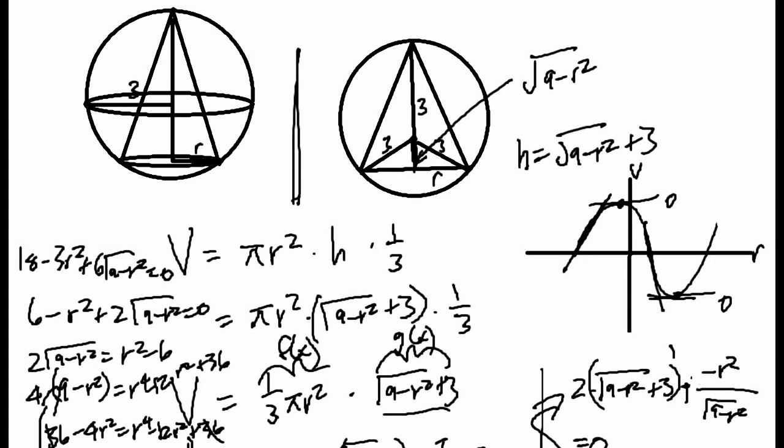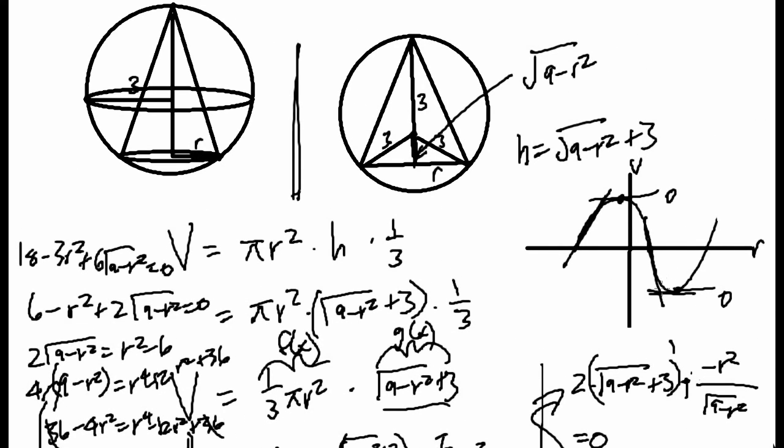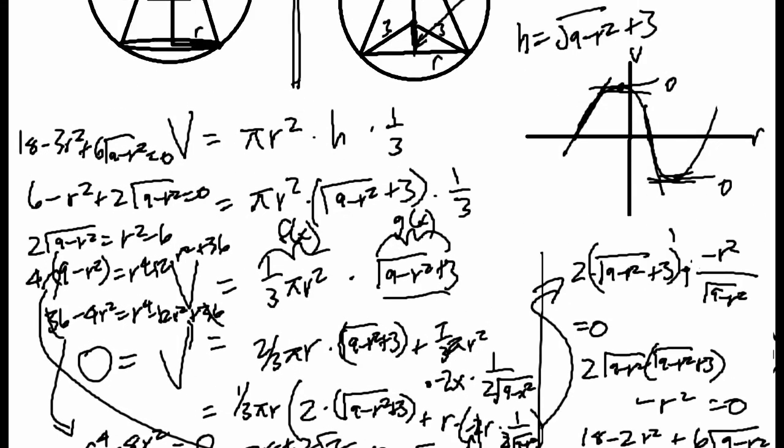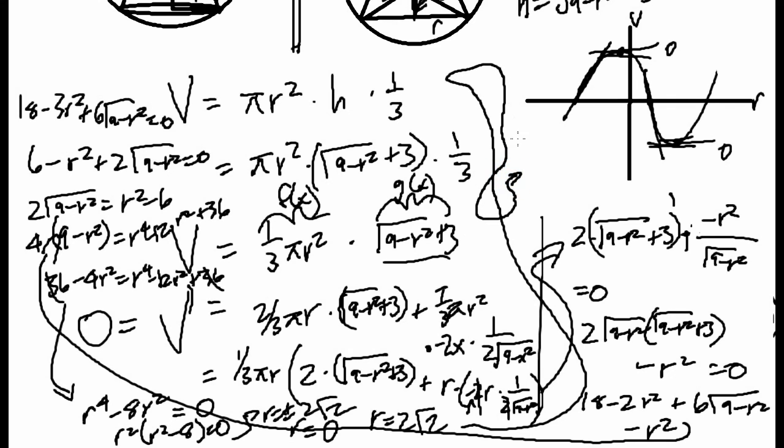So remember, every time you have a solution for where the derivative is 0, it can either point to a minimum value or a maximum value. Maybe 2 root 2 is the maximum value. Maybe we could try that instead. So let's just try that out. Let me just keep drawing until I find some room.